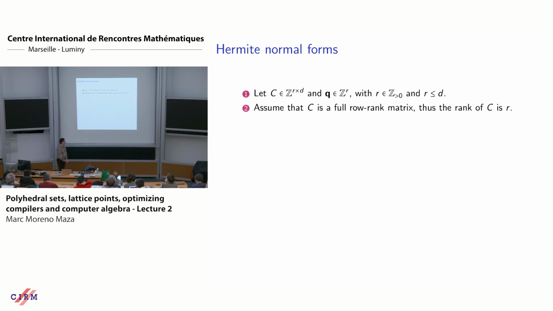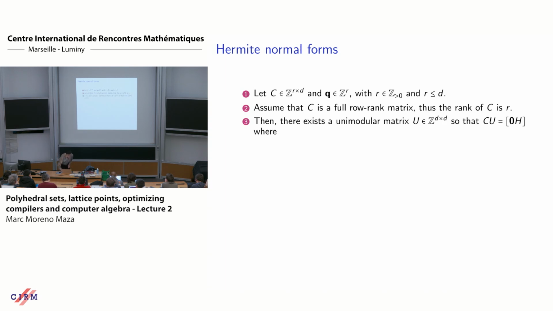I'm assuming that C is full rank and R is less than or equal to D, but these things can be generalized, but I will not need to explain that here.